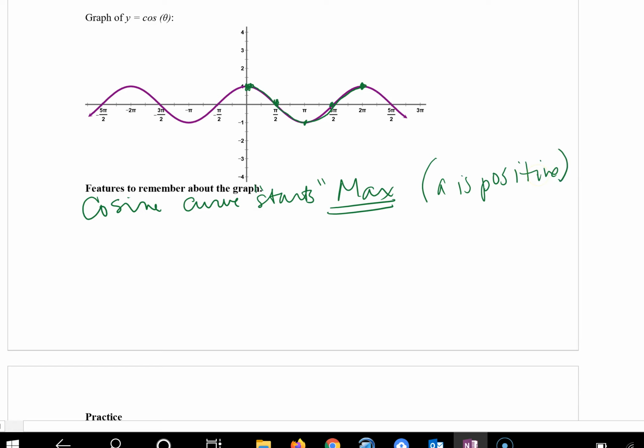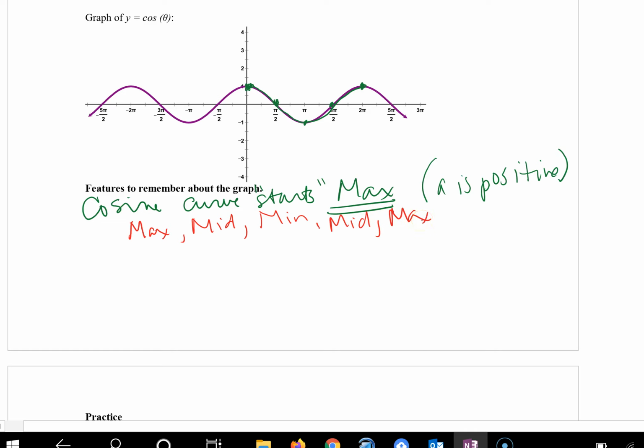Now, the 5 important points, or the pattern you're going to follow, will be maximum, midline, minimum, midline, and then maximum. You'll end at the maximum.